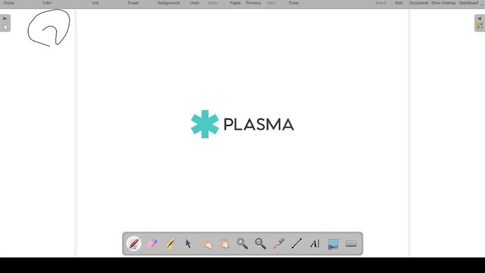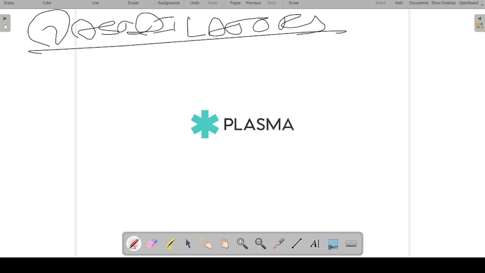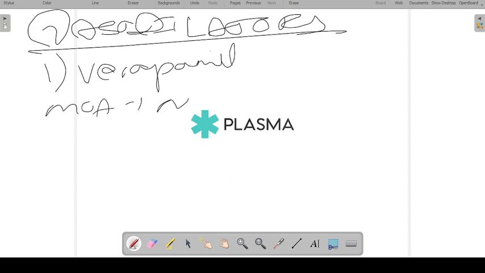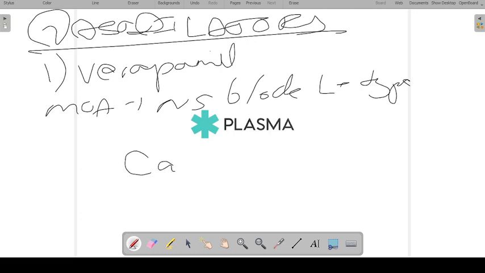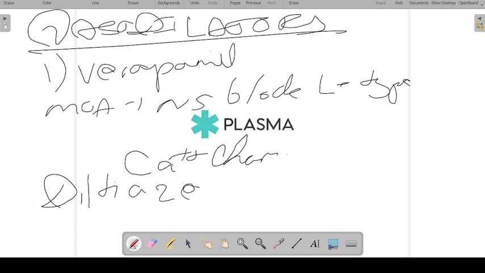Now we come to the subclass of vasodilators. First is verapamil. Its mechanism of action is that it is a non-selective blocker of L-type calcium channels, and the same with diltiazem.